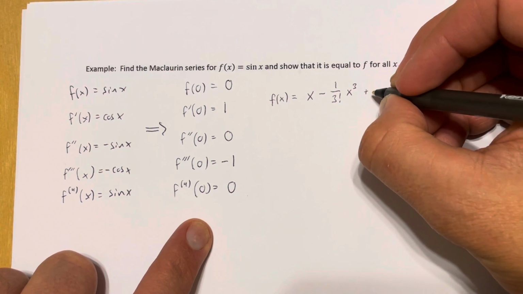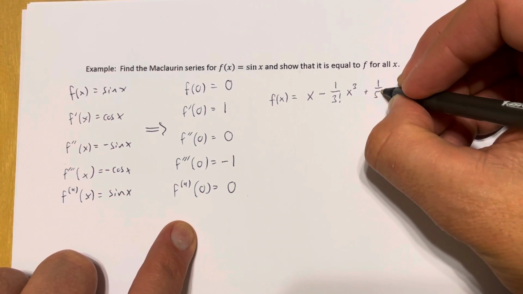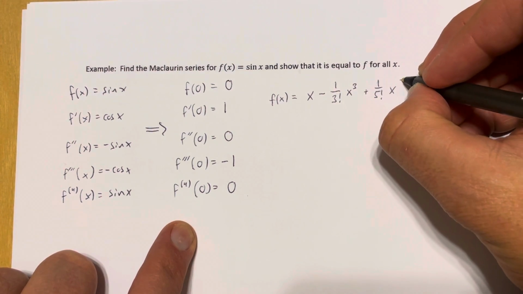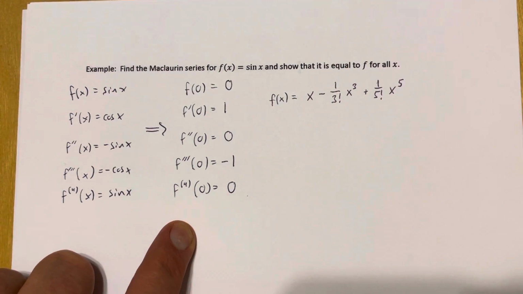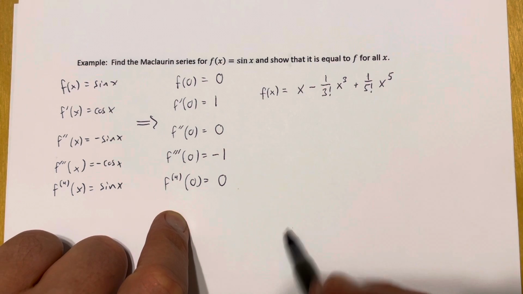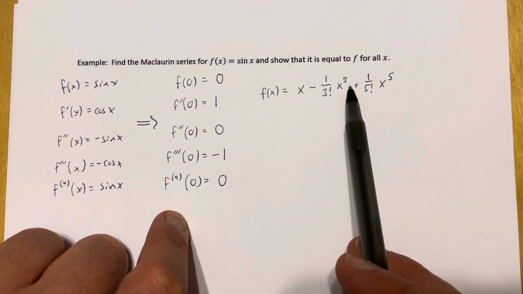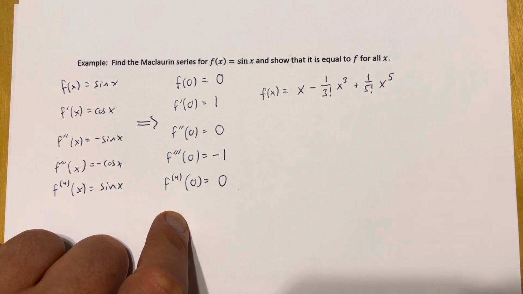So we have a pattern emerging. That would have been my fifth derivative, so that I get 1 over 5 factorial, and that's my x to the fifth term. And so if you notice what's happening, we're getting all of the odd degree terms out of this thing, and all of the even degree terms are going to 0.